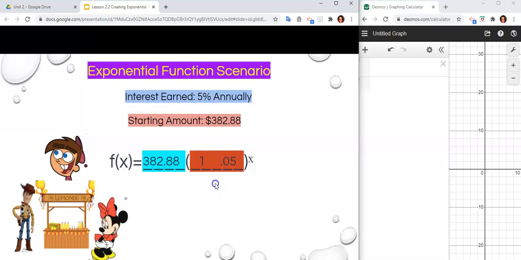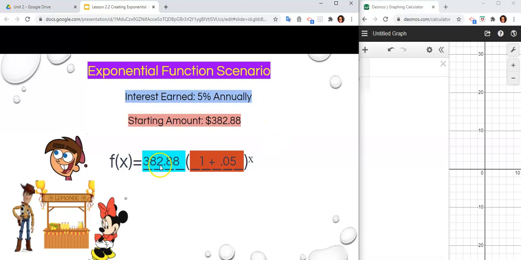So I have to do 1 plus our rate to get how much money we're going to accumulate from year to year. So this would be the equation that I will use to help me generate some information about how my company is going to be doing if it's growing at this annual rate.